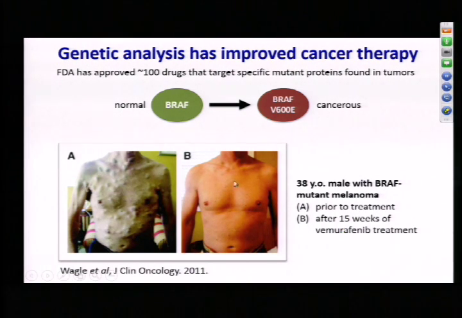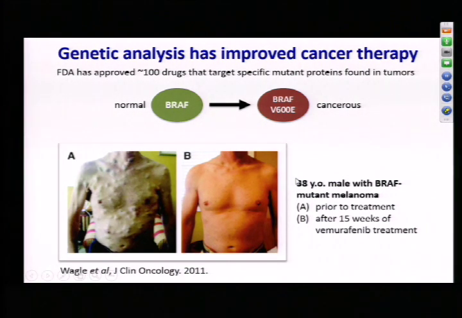After 15 weeks on vemurafenib, this individual was almost fully recovered. The other advantage of these targeted therapies is the toxicity profile is quite low. About the worst thing that will happen to you with vemurafenib is maybe a little bit of a skin rash. So this is about as close to a magic bullet as we have gotten so far with cancer.